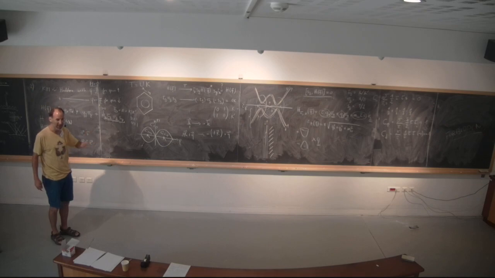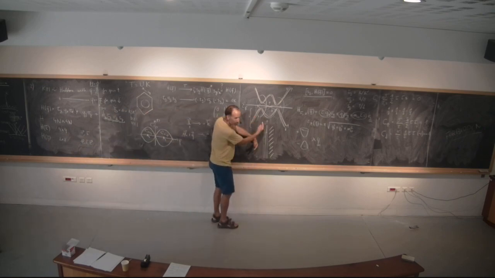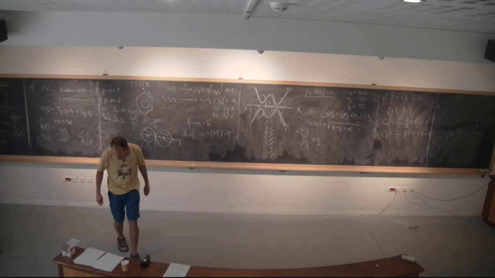So if you forbid by hand magnetic impurities, if you only consider impurities that cannot touch the spin degree of freedom, then you will have something that will propagate without backscattering. Because if you're not able to flip the spin, you cannot reverse your direction, because direction of spin is tied to direction of motion. So that's the basic idea.